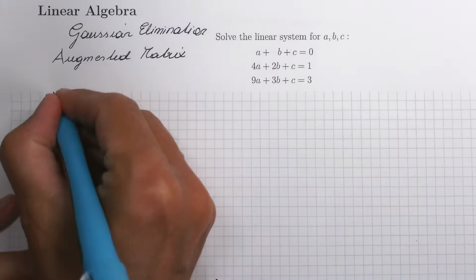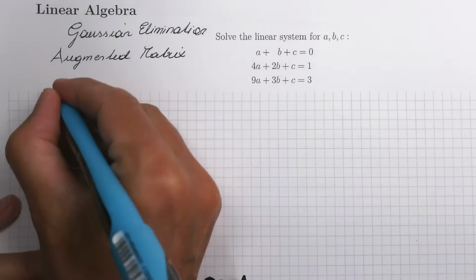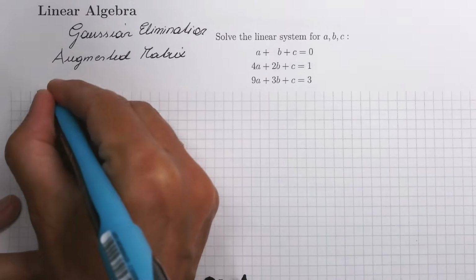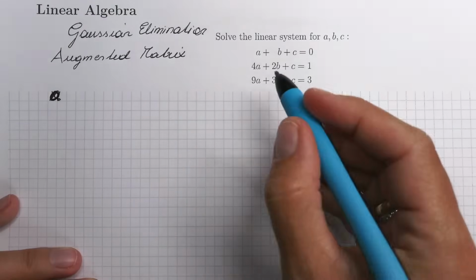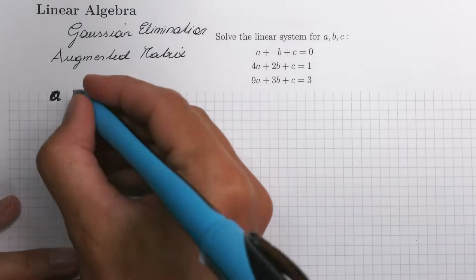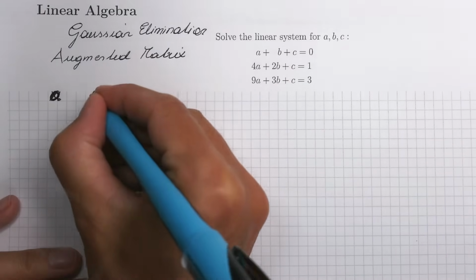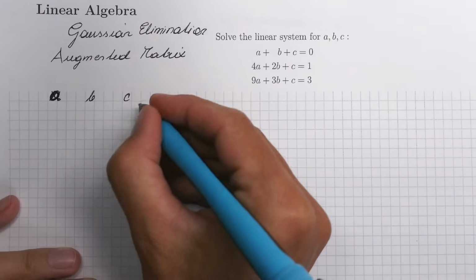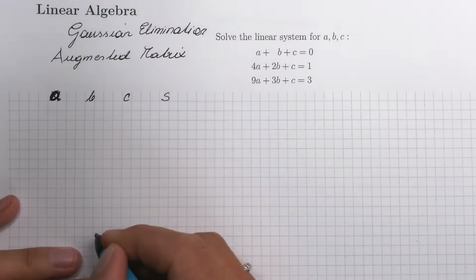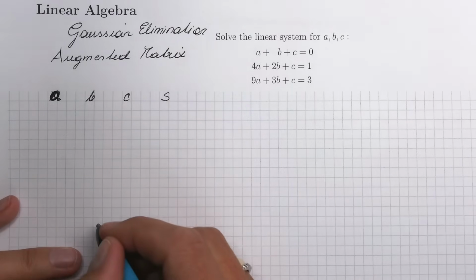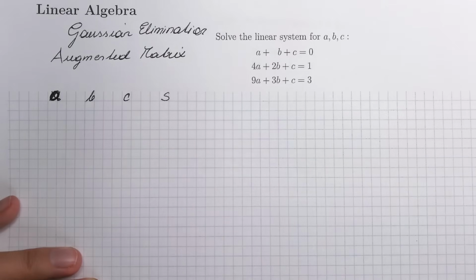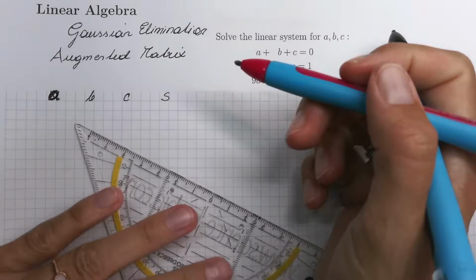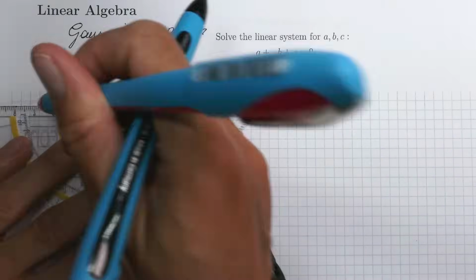Well, we have the coefficients, and we start with the variable a. Usually it's something like x, y, z, but here in this system it's a, b, and c. And in the last column we're expecting the solution. Now, what do the coefficients look like in this augmented matrix?